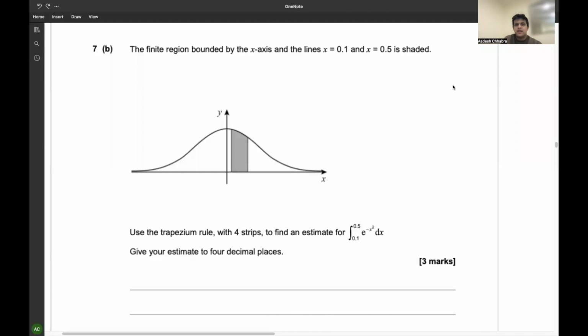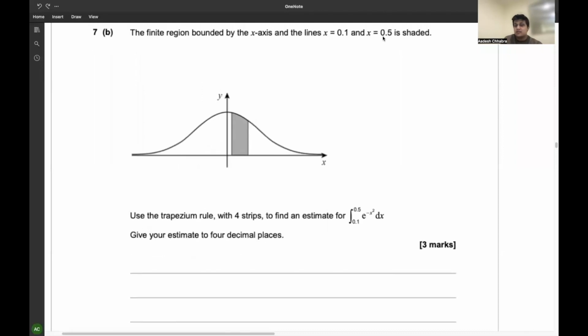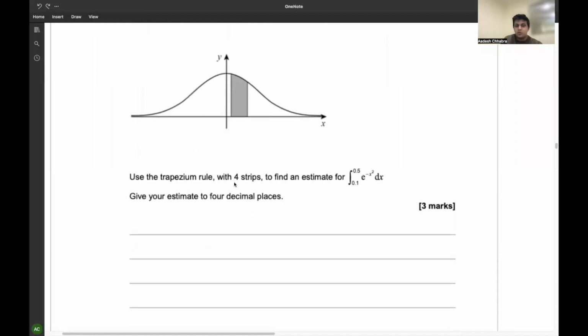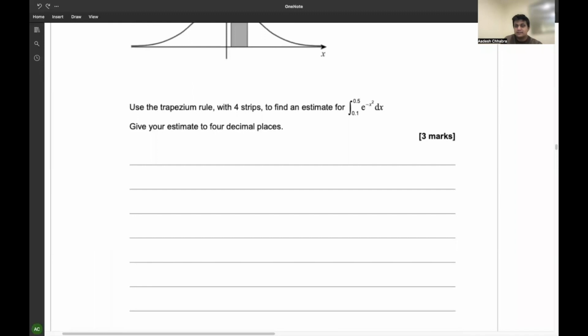So for question 7b, the finite region bounded by the x-axis and the curve, and the lines x is equal to 0.1 and x equals 0.5 is shaded below. And we've been asked to use the trapezium rule with 4 strips to find an estimate for the area of the shaded region, giving our answer to 4 decimal places.